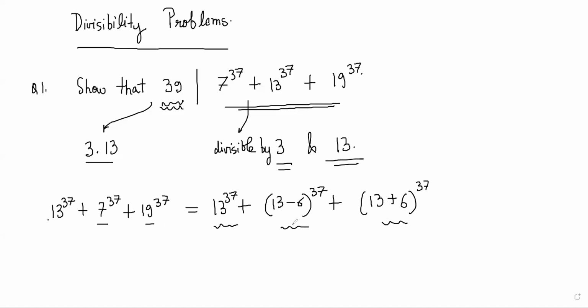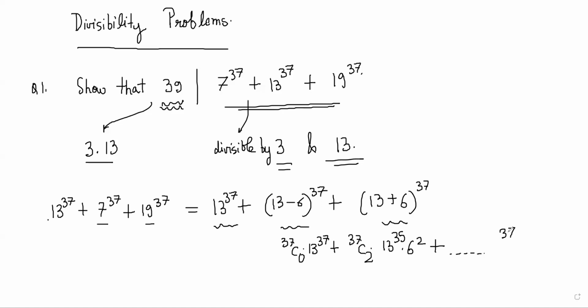Now, obviously, we know how to expand it by the binomial theorem. When you do that expansion, you will get terms like 37C0 13 power 37, plus 37C2 13 power 35 and 6 power 2. All the even terms will be left.